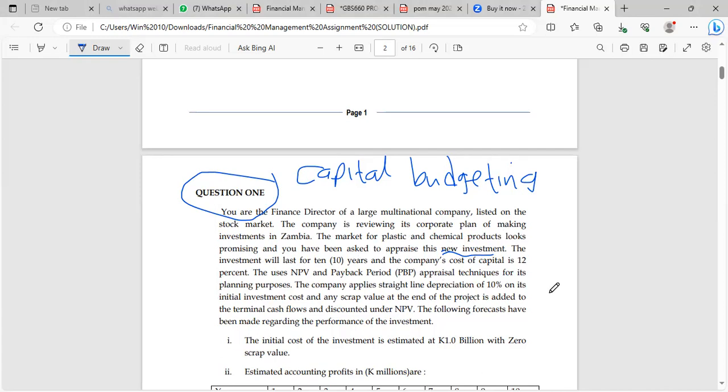The company applies straight line depreciation of 10% on its initial investment cost and any scrap value, which is also called the residual value. Scrap value is the same as residual value.